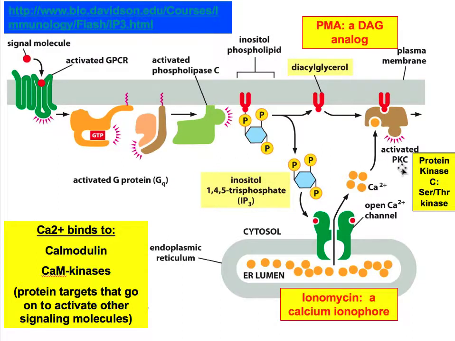What is that protein? It's called PKC, properly known as protein kinase C. It too is a serine threonine kinase. That means it will hunt down its target proteins and attach to them phosphates on their serines and their threonines. It's going to be different to PKA that we spoke about on another slide recently.